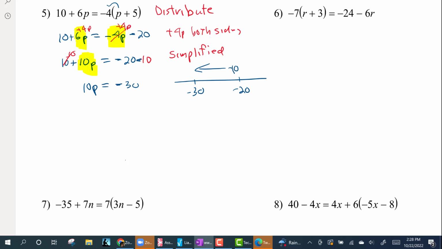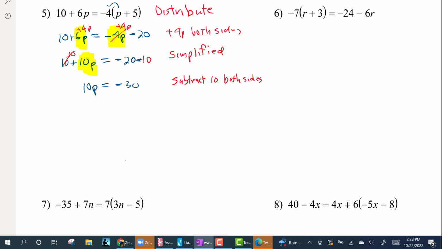And then finally, oops, I better put what that step was. You could say add -10 to both sides, or you could say subtract 10. That's the subtraction equality property. And I would simplify and I'd put BS for both sides, but then, I don't know, your teacher might think you're cussing or something.